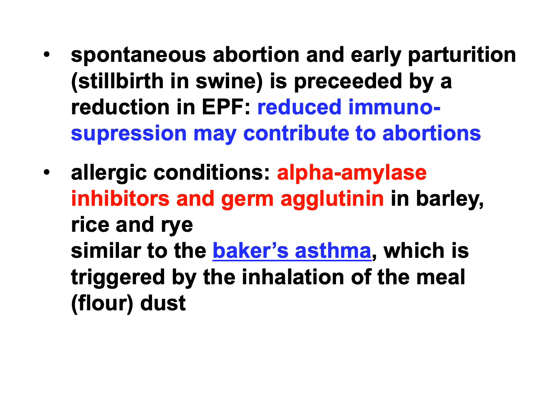This is similar to the baker's asthma, which is triggered by the inhalation of the meal flour dust. And whoever visited a swine facility can remember that the feed unfortunately makes dust. So this inhalation way is possible for the animals too.